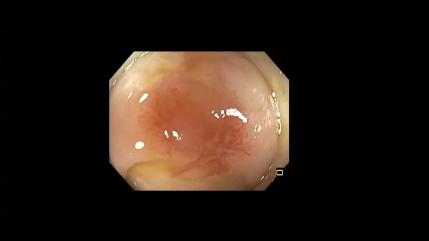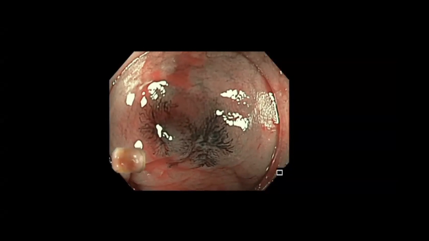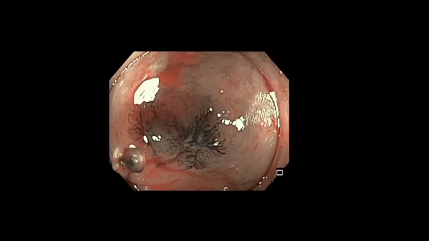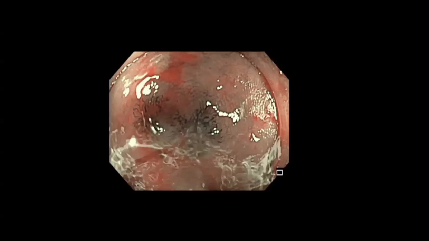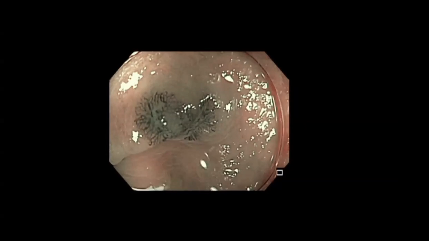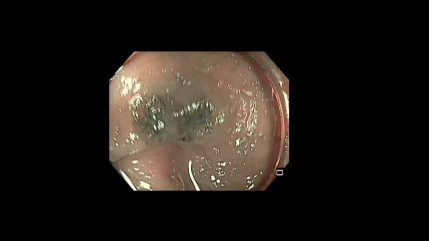And whenever you see a lesion, it's not just focusing on the lesion, but you also want to see what else is happening in the surrounding. Is it on a fold, and whether the fold is of the same size as the rest of the area, or the fold is a little bit thicker.